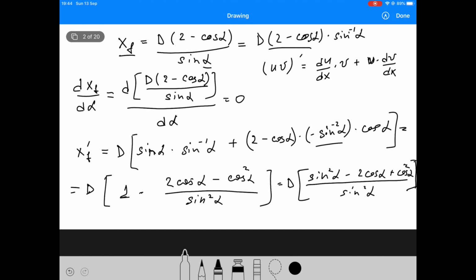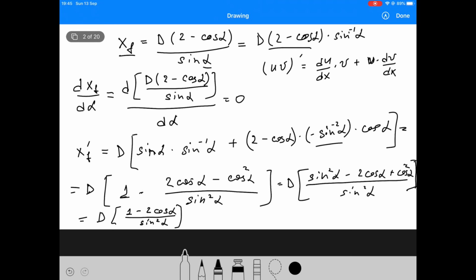Okay, this will be equal to, let's try to squeeze it in, D times: sine alpha squared plus cosine alpha squared gives us unity, from the course of trigonometry, minus 2 cosine alpha, divided by sine squared alpha. Looks like we are done with this.